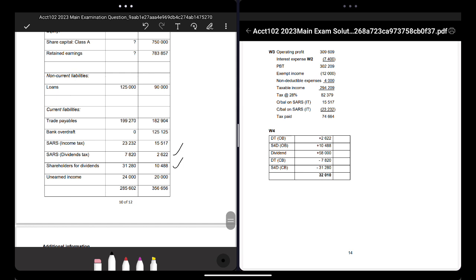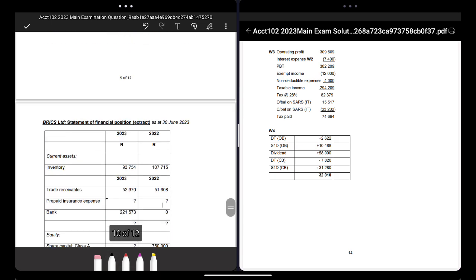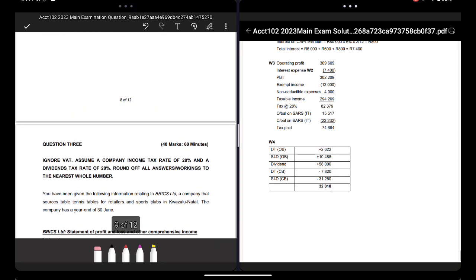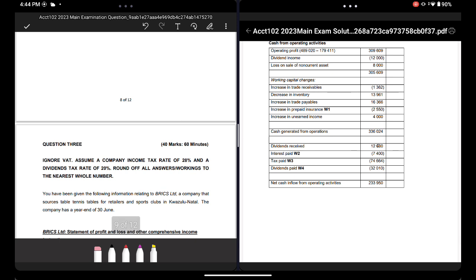So it's this plus your dividends declared minus this, equal to your dividends paid. All you do now is put dividends paid in your statement. There we go, dividends paid 32, outflow, brackets.